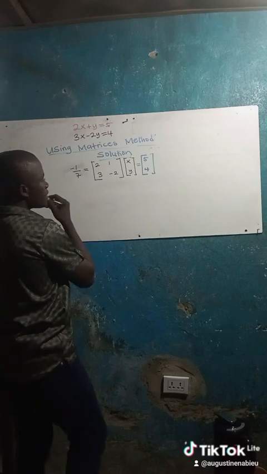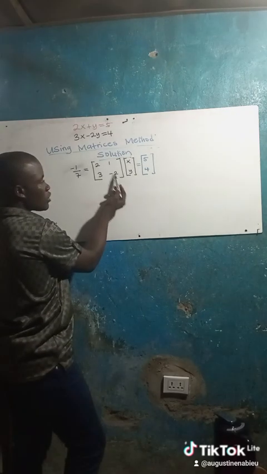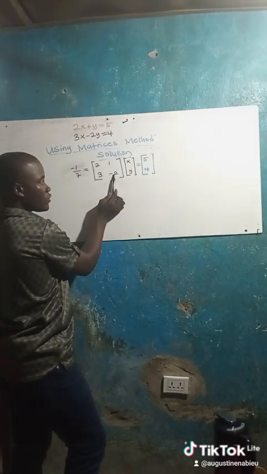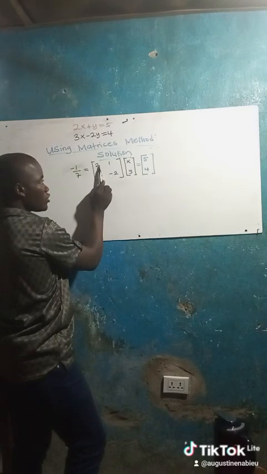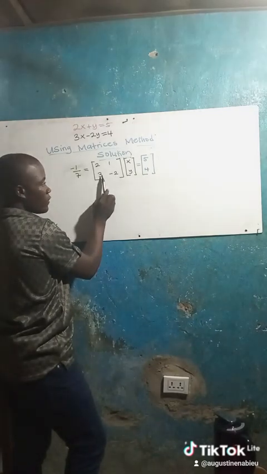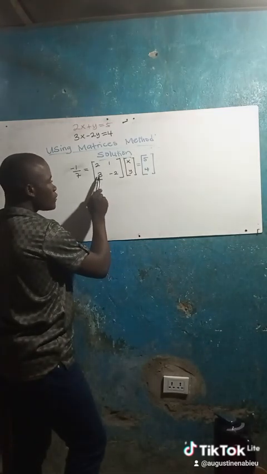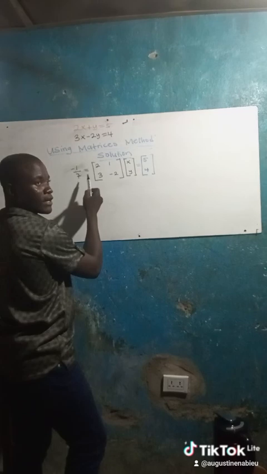The next thing to do here is to swap these two numbers from their respective positions. This minus 2 will come up and this 2 will come down. The 3 and 1 will remain in their respective positions, but they will take a negative sign.